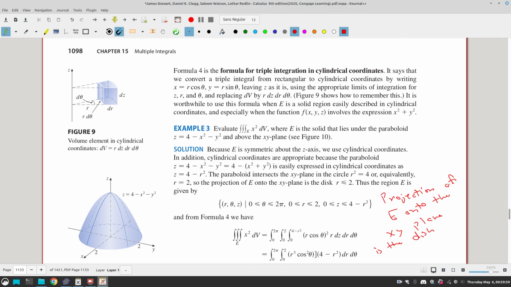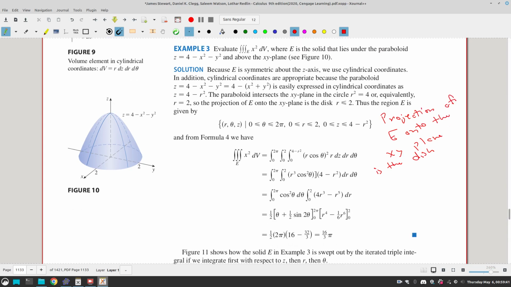Which disk? x square plus y square is less than or equal to 4, meaning it's bound by the circle r equal to 2. So r goes from 0 to 2.